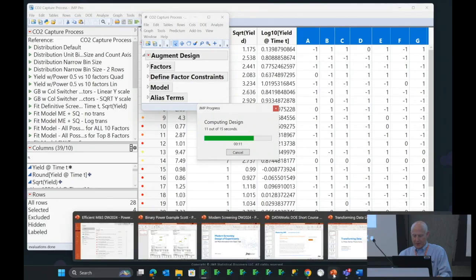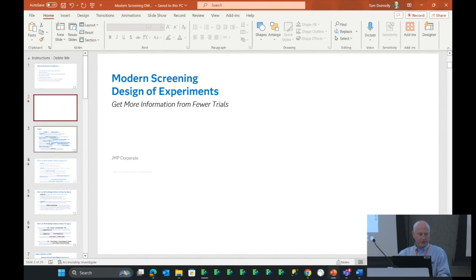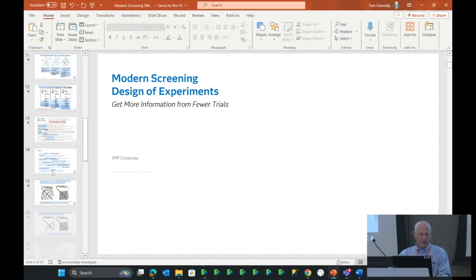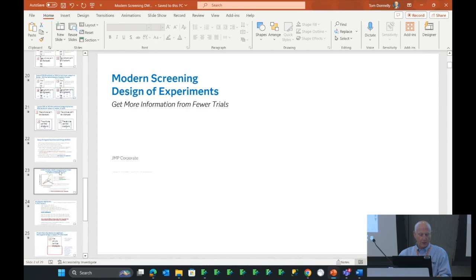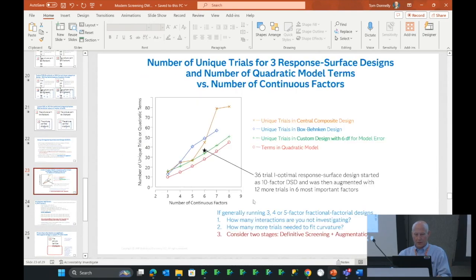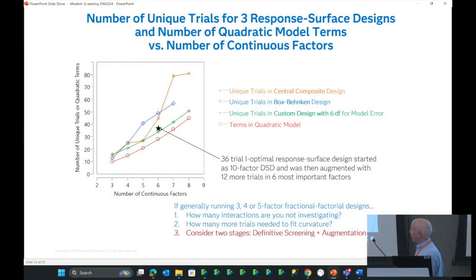And while that's happening, I'll just pull up the slides that go with this. Okay, so in this slide, you can see the black star. This is the example I just did.